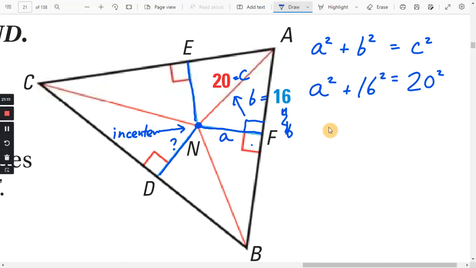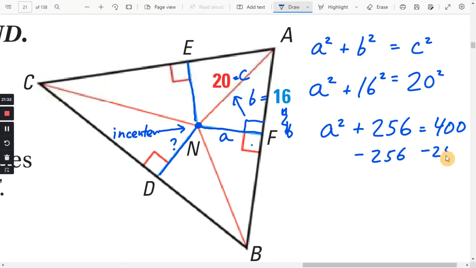Okay, so we have a squared, and 16 times 16, that's 256, and 20 times 20 is 400. Solving for a squared, I'm going to do minus 256 on both sides. Cancels here.